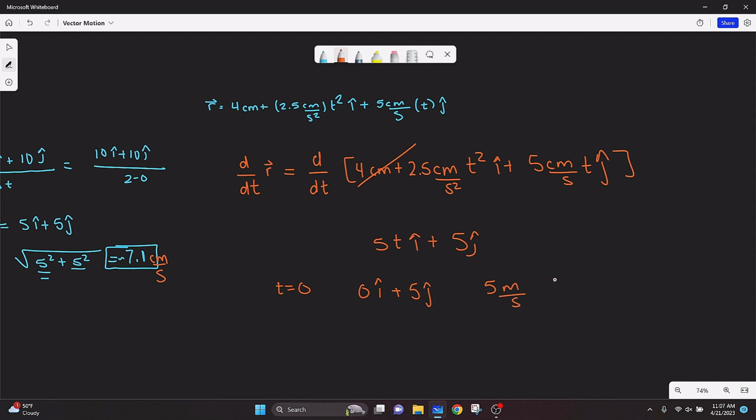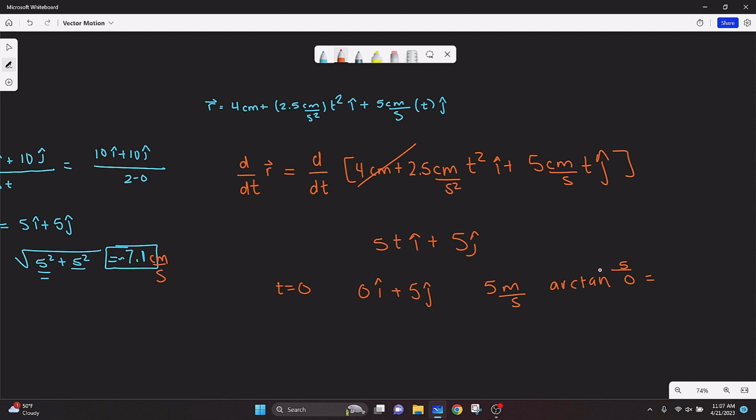And the direction is going to be arctangent of 5 over 0, which I don't know what that is. That could be no solution, right? 5 divided by 0, that's an error. What is the direction of this? No x direction, no x component, but there's a y component.